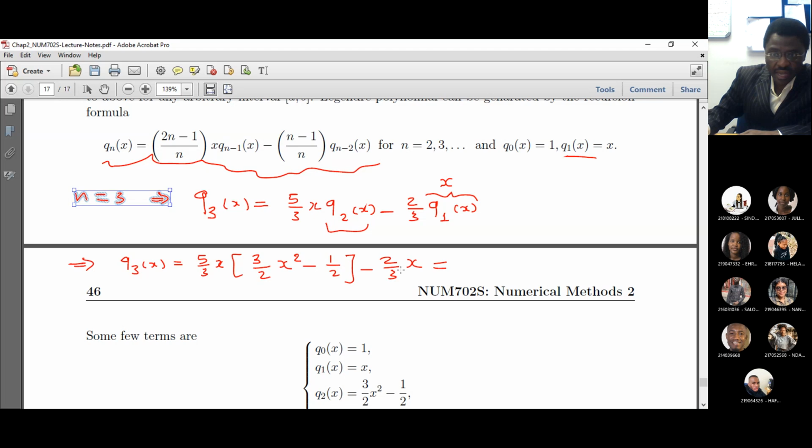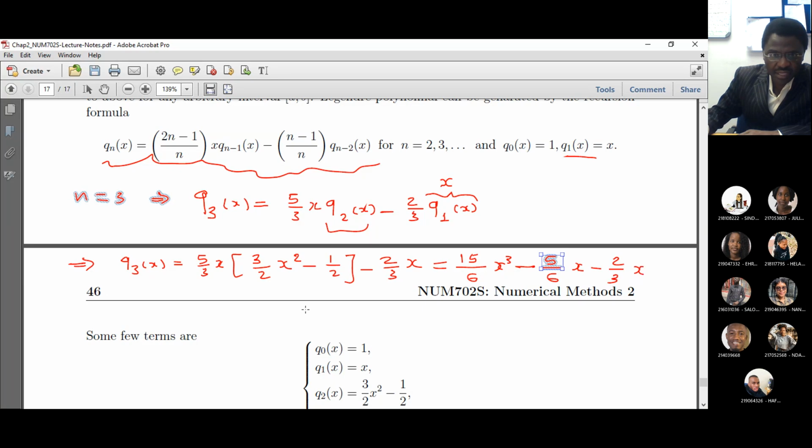Right? Now I expand this. If I expand this, this will give us 15 by 6, right? x cubed. Right? Now minus 5 by 6 x minus 2 by 3 x.